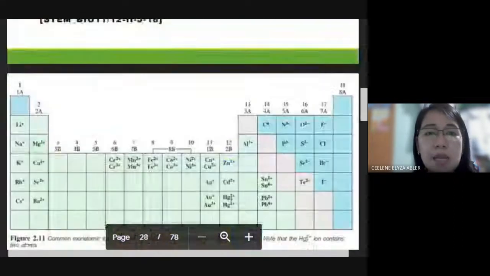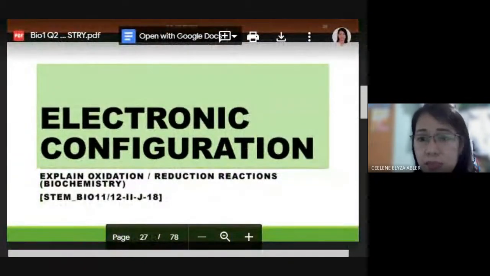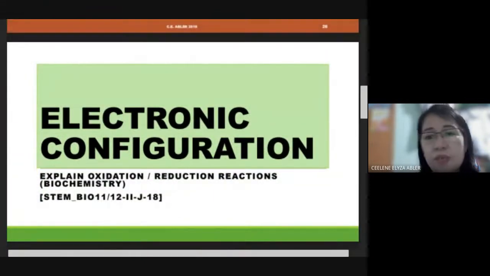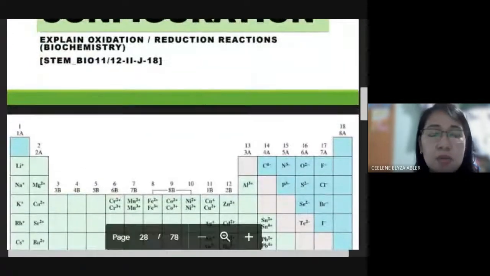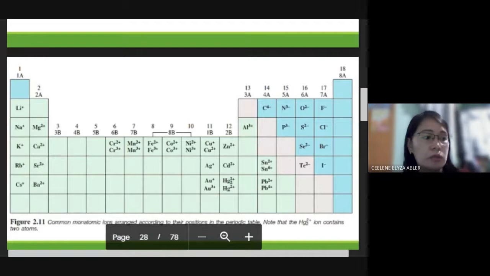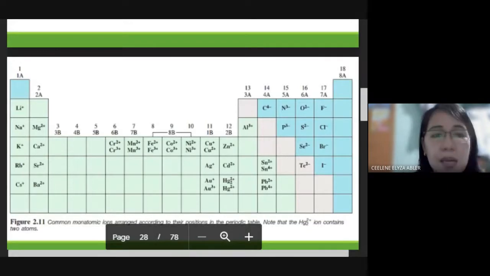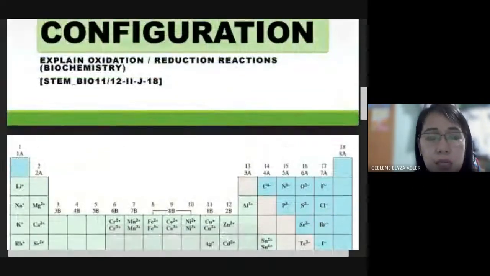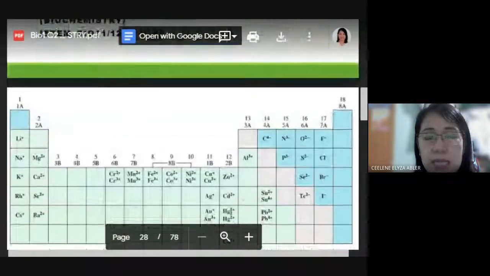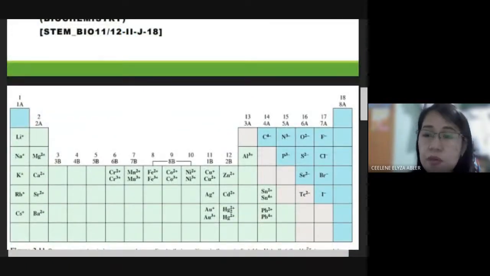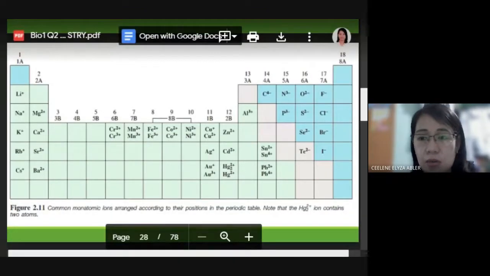Right? So let's go back to your discussion in module 1, which is your electronic configuration. In your module 1, the first topic you discussed has a part wherein you write the electronic configuration for a particular atom or element. So you will write that.